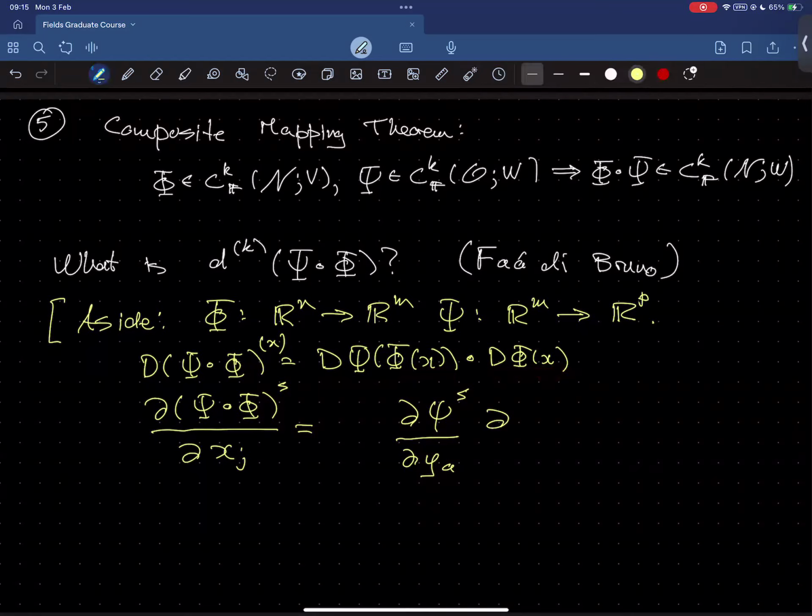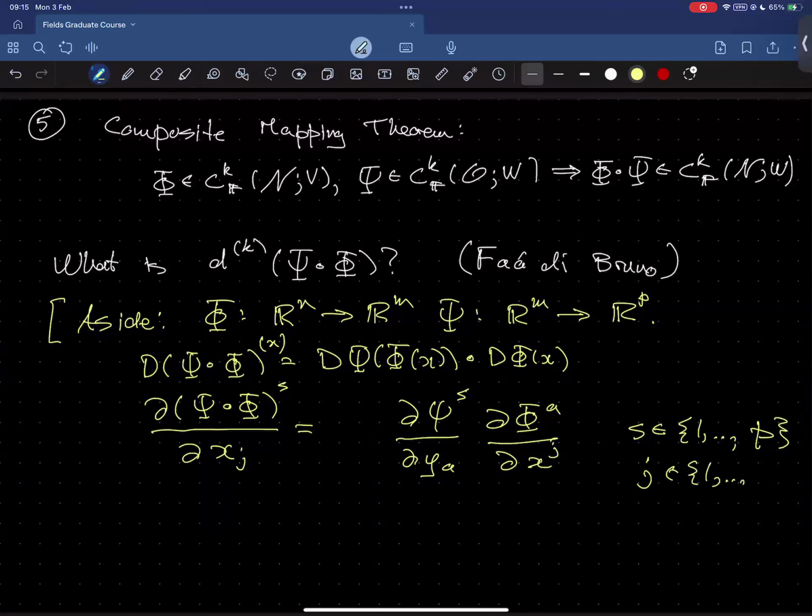So it's d phi a by d x j, where s goes from 1 to p and j goes from 1 to n. And there's a sum, a equals 1 to m. The sum here stands for the matrix multiplication that I have here.